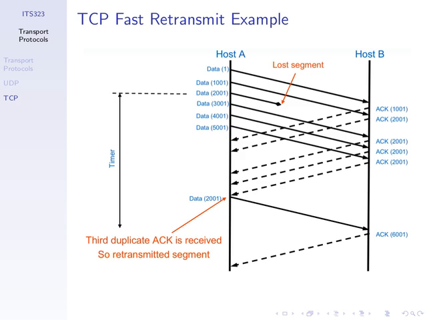And what happens if the first one is lost? If the first segment was lost, we wouldn't get an ACK for that segment, but for the second segment that's not lost, we'd get an ACK saying, I'm expecting to receive sequence number 1.